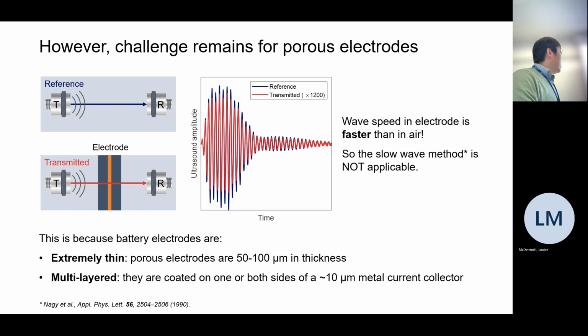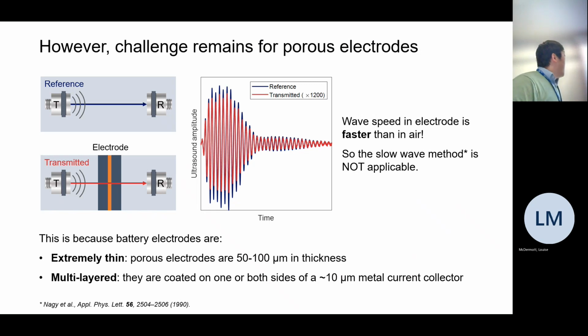In fact, it's relatively well established for foams, sandstones, and so on. In order to measure their tortuosity, you simply put two transducers on either side, and the slow mode will separate in the signal in the time domain, because it travels at a different speed from the faster wave.